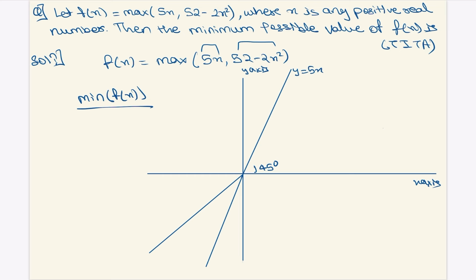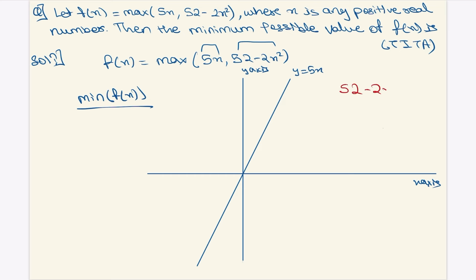So I'll just remove this, I don't need it anymore. Okay, so this is my y equal to 5x. Now let me change my color. So let's draw the second function, 52 minus 2x square.